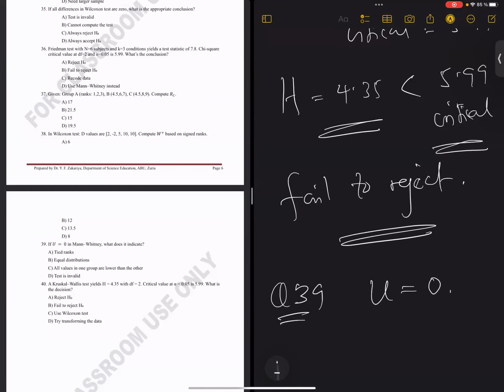The answer is C: all values in one group are lower than the other. This is when you have U to be 0. It means the sum of ranks minus that quantity is equal to 0. So take note of that. When you have that, it means all values in one group are lower than the other. The next question.